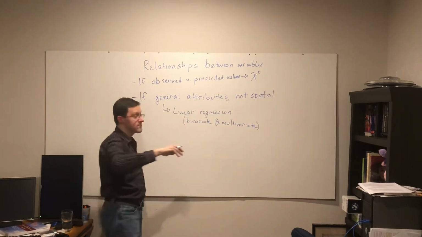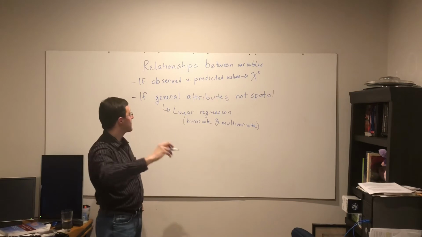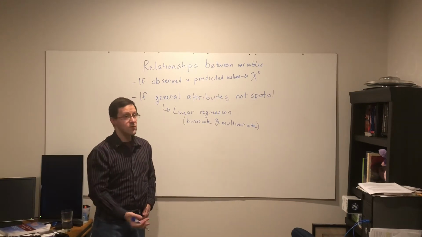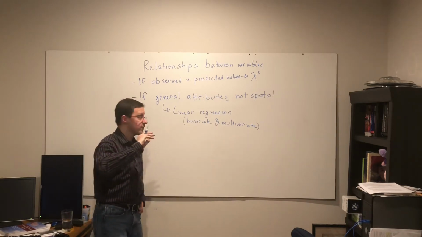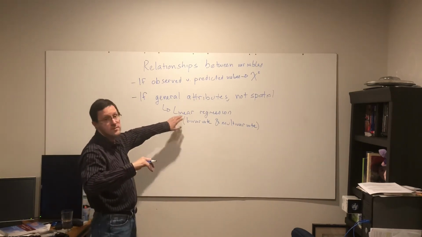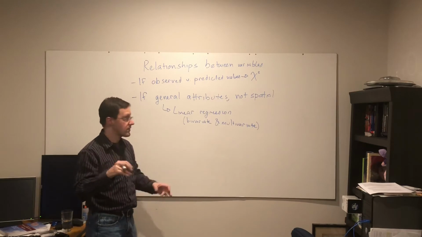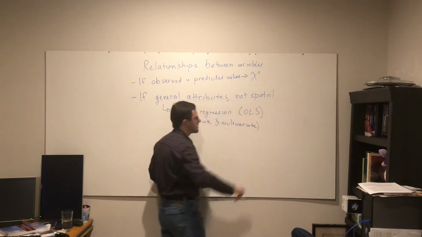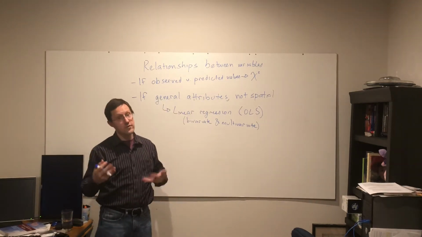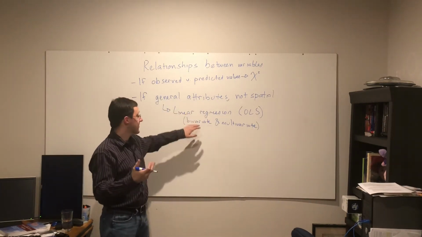If I'm just comparing 2 or more attributes, this is what we saw most recently. That's regression. Linear regression, ordinary least squares, OLS. You may often see tools named OLS to do this.